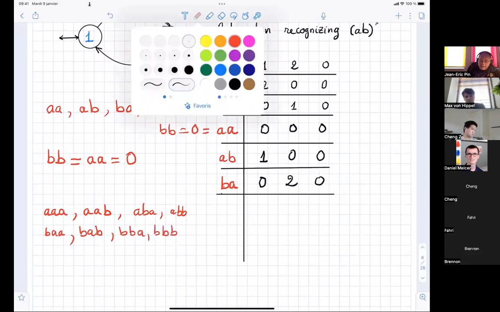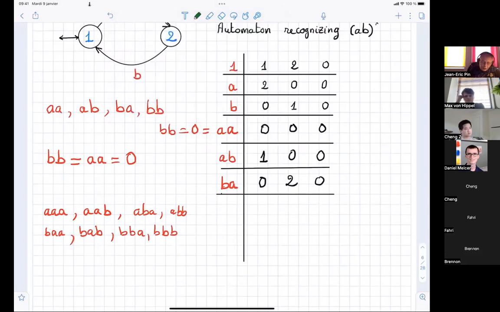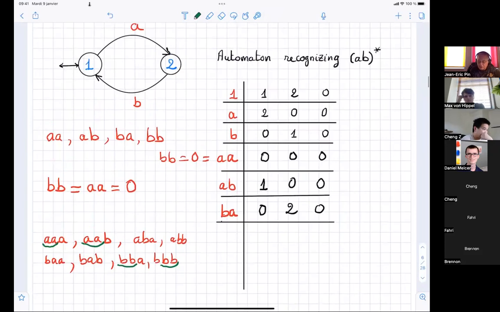The point is that I don't really need to compute the words which start with AA or that start with BB, because I already know that BB is 0. If you use this map, if you are in state 0, which is a non-existing state, you stay there.